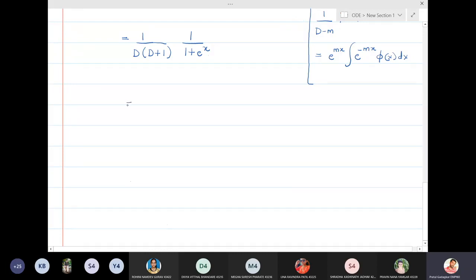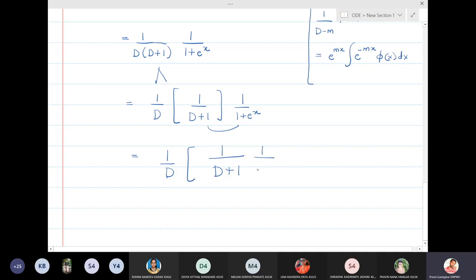Sometimes people look at it like this: it is 1/D into 1/(D + 1), into 1/(1 + e^x). I have separated the product: 1/D times 1/(D + 1) times 1/(1 + e^x).